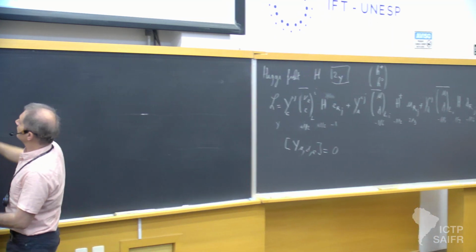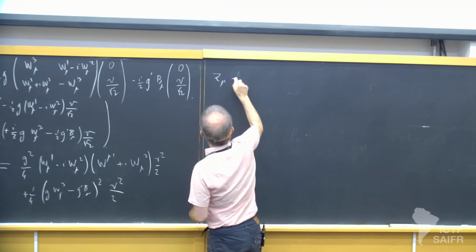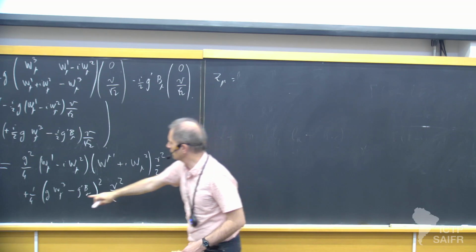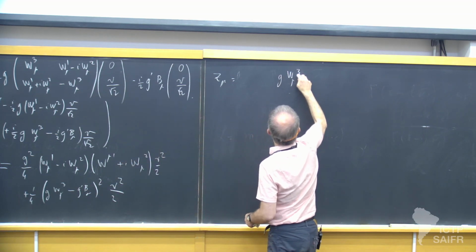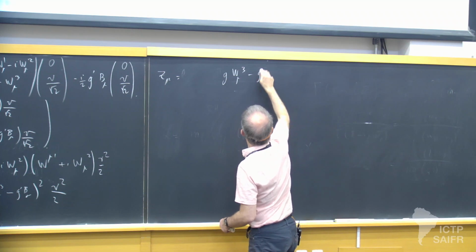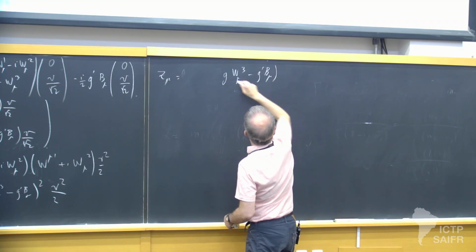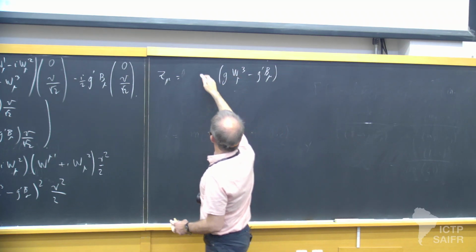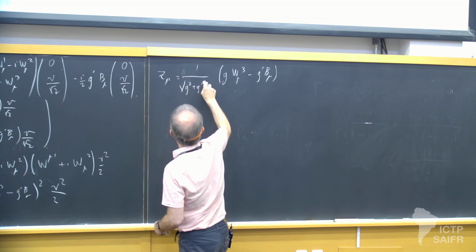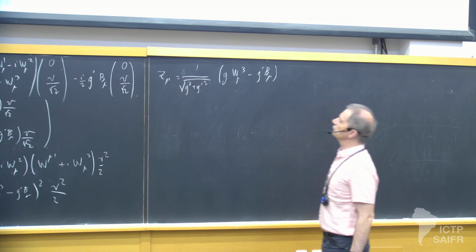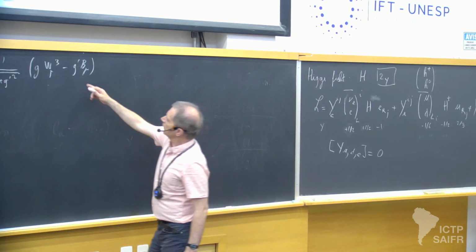If I call Z, let's say, Z mu will be this particular linear combination, G W mu 3 minus G prime B mu. And I want to do a rotation, so I need to normalize these things by the square root of G squared plus G prime squared. Right? So that's a new gauge boson.